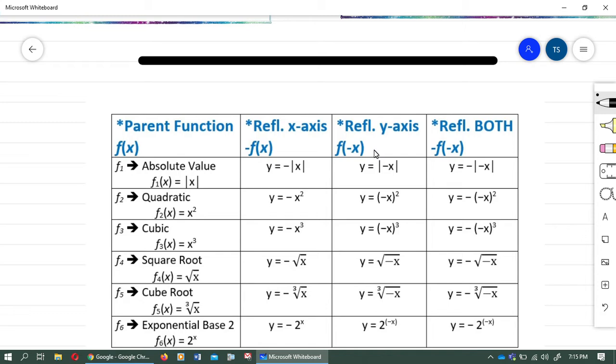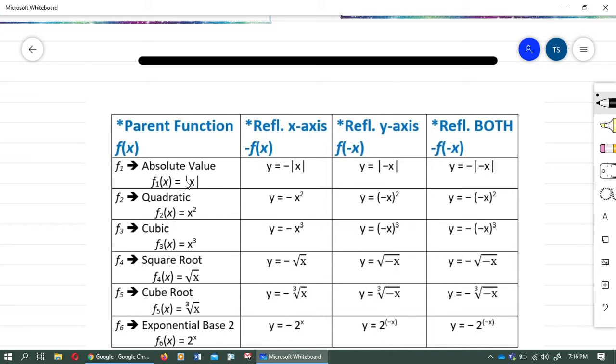We say that it's a horizontal reflection because the figure is going to be flipping left and right, over the y-axis. Okay. But anyway, we can see what each of those equations looks like as a result.